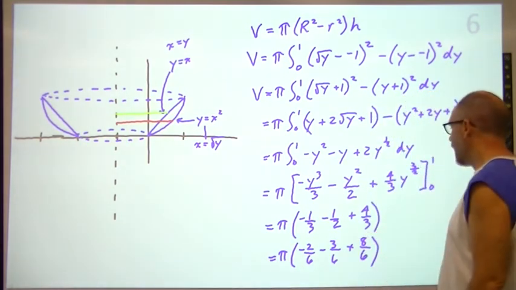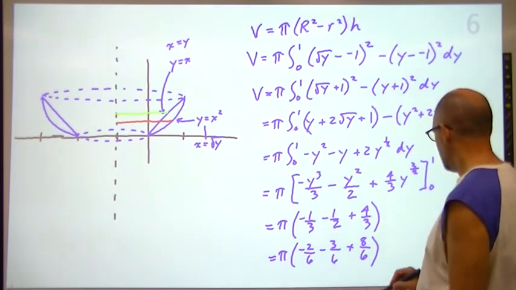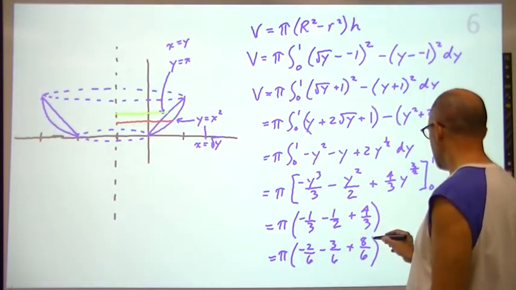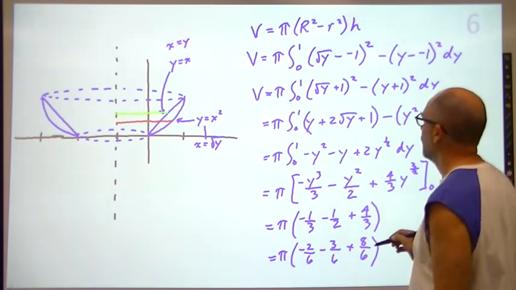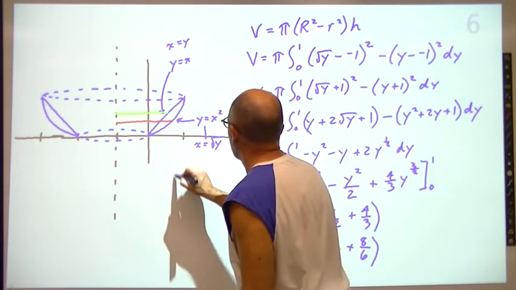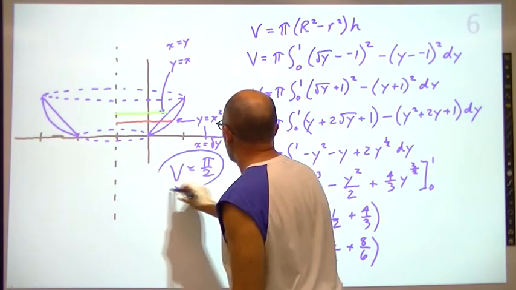So 8 minus 5 is 3. Is that right? Let's see. 6 minus 3 is 3. Yeah, that's it. So it's 3/6, or pi over 2. So the volume of this thing equals pi over 2 cubic units.